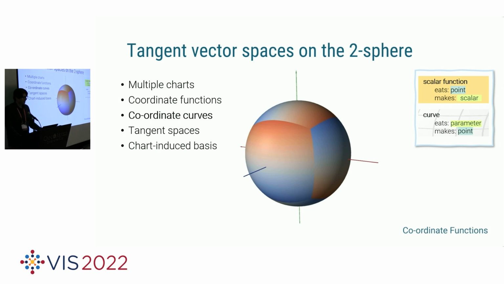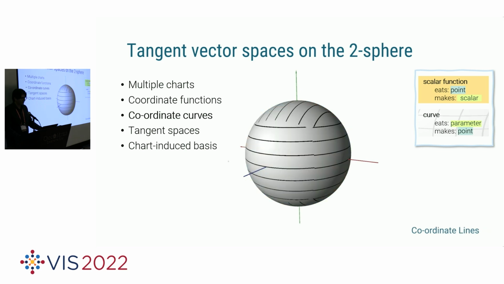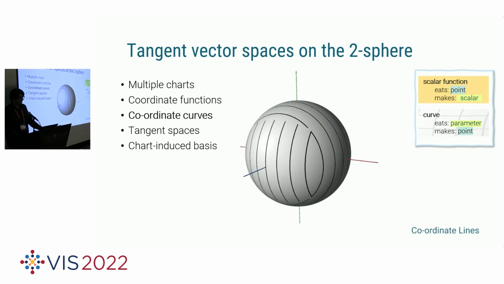There's the coordinate curve. Once we have a specific choice of charts, the rest follows. There's a recipe of what we can do step by step that follows from this choice of charts. And the first thing we can do here are these coordinate curves. So here we see isolines of the first coordinate function and isolines of the second coordinate function. And these are really curves in these coordinate functions. I can also superimpose them here.